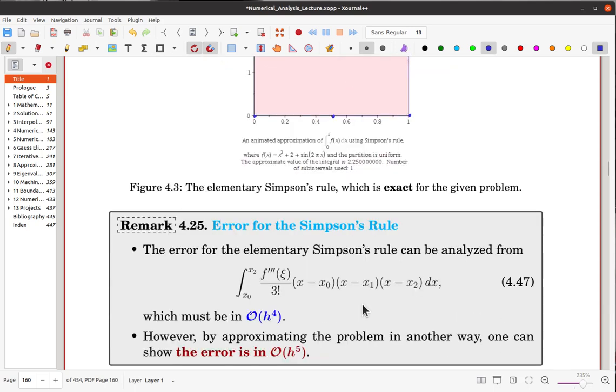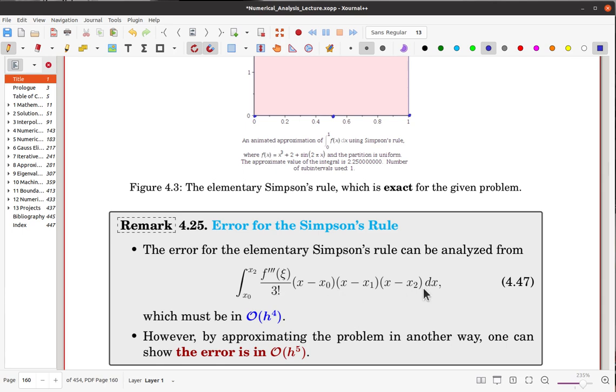Now we have the elementary Simpson's rule. Now we have to analyze the error. The error for the elementary Simpson's rule can be analyzed from this equation, which is the error term from the interpolation error theorem. We are using a second order interpolating polynomial, so the derivative is third, with 3 factorial and a product of 3 points.